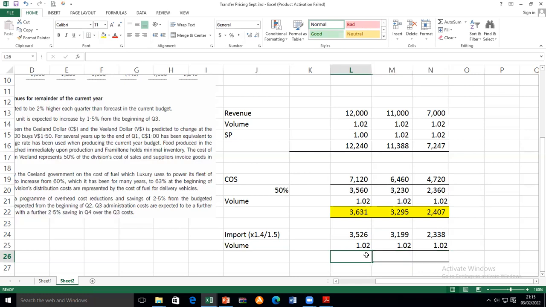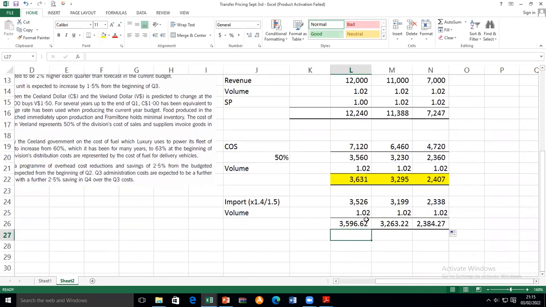Have we followed, people, what I've done? I have not added the volume twice. I've split them into two. There's this 50% and the other 50%. Then we shall add them up.